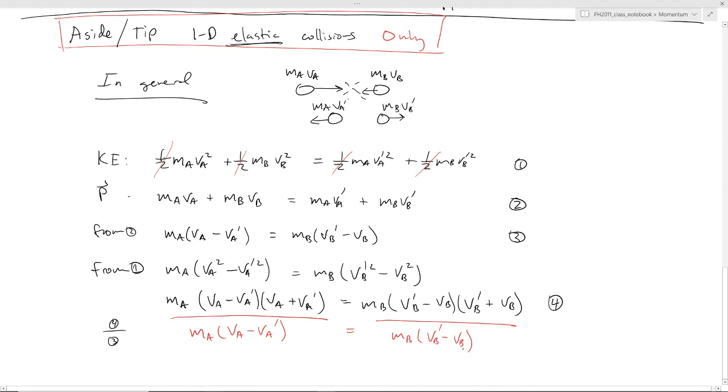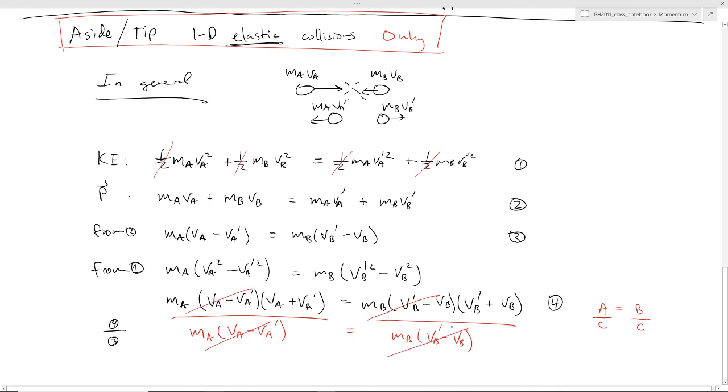This might seem like a strange step. Are you supposed to be able to do that? Well, think of it this way. We took something like A equals B, and then divided by C. If you look at expression 3, this equality is telling you that these things are equal. So we can divide one side by the first term and the other side by the second term. When we do that, notice that a bunch of this stuff is going to cancel out.